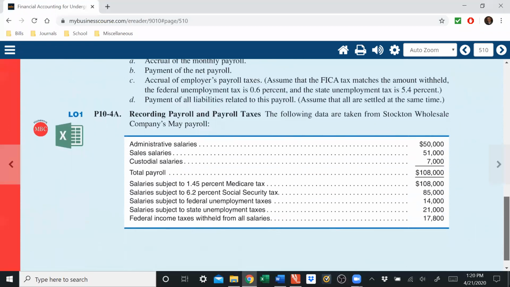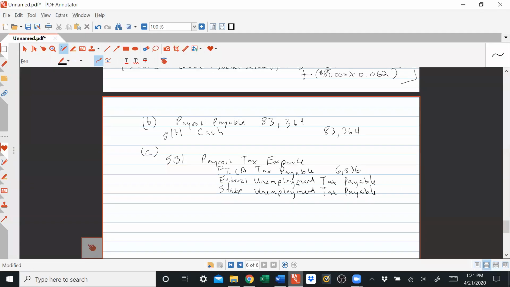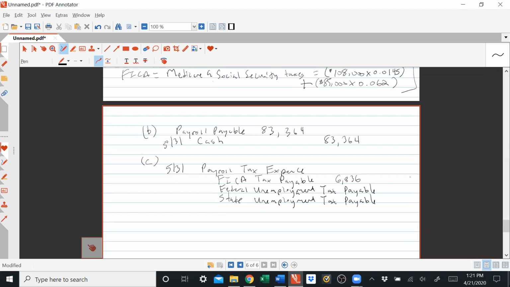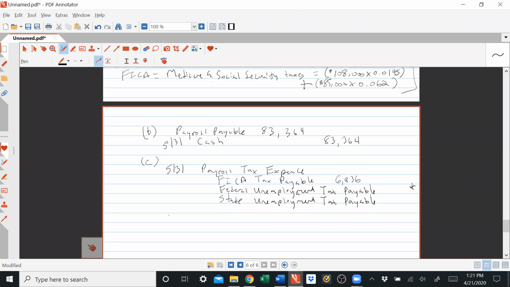So for federal, it's the 14,000 times 0.6%. And for the state, it's the 21,000 times 2%. So I'll put a little star right by this one. Star is the amount of our employees' salaries subject to the tax times the rate we have to pay, which is 0.6% or 0.006.